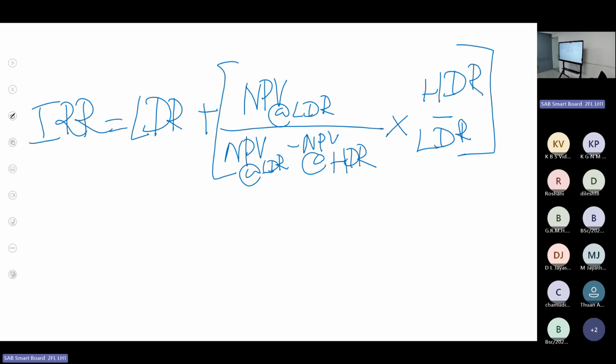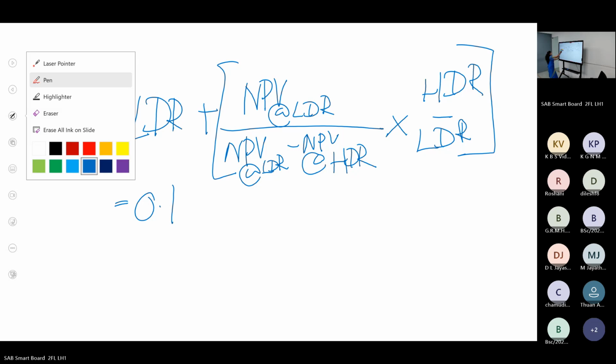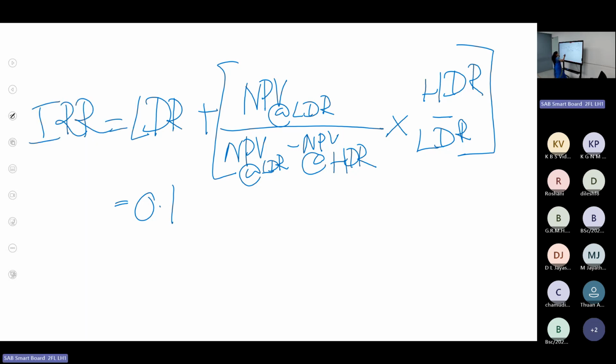Okay. What's the lowest discount rate here? 0.1. Highest discount rate 0.15, minus 0.1.